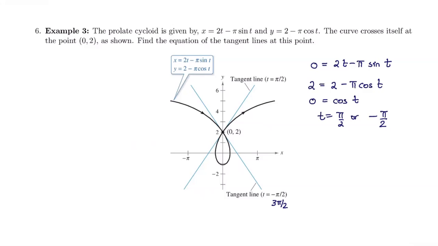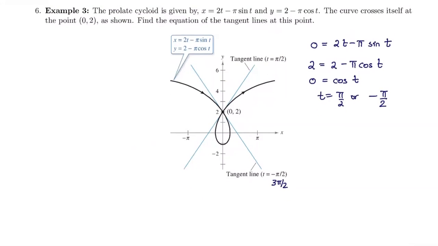The parametric equations, the values of x and y, are never going to see the value of t. They're only going to experience the effect of t. So if the effect of negative pi over 2 is the same as the effect of 3 pi over 2, then x and y will be affected the same way. So we have our two values of t, and they're going to yield two different derivatives that we're going to find in just a moment.